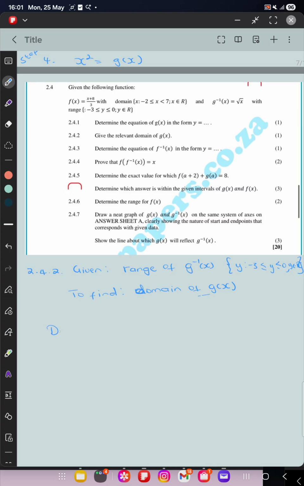So the domain of g of x is going to be x from -3, make sure it's x, don't make the mistake, between -3 and 0, x element of all real numbers.